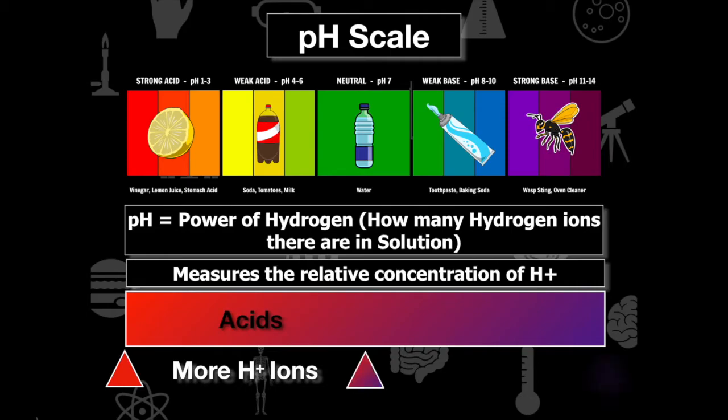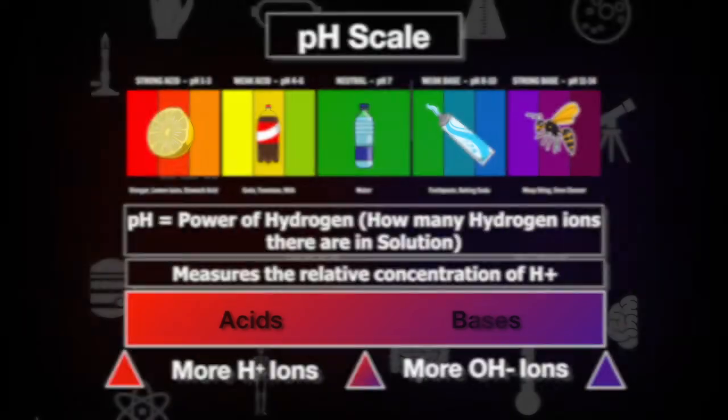Now, if I am from the middle to the other end of the scale, there are more OH minus ions, and in this case the solution is basic. Something like a lemon or Coca-Cola is going to be acidic. There are more H plus ions in solution compared to the OH minus ions. And something like a bee stinger or toothpaste is going to have more OH minus ions than H plus ions, so therefore it's a basic solution.